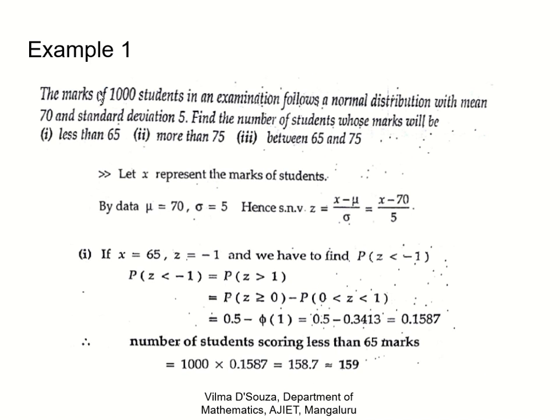So consider the problem. The marks of 1000 students in an examination follow a normal distribution with mean 70 and standard deviation 5. Find the number of students whose marks will be less than 65, more than 75, and between 65 and 75.